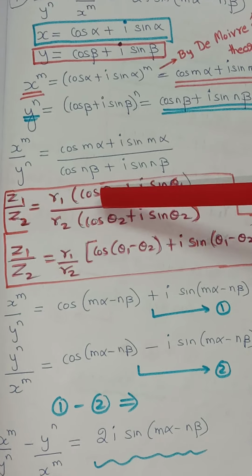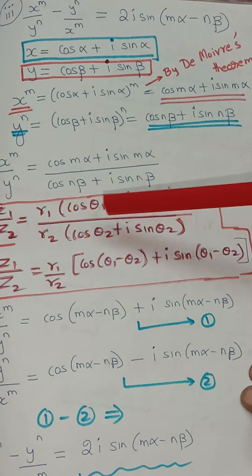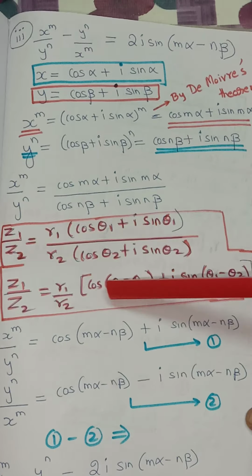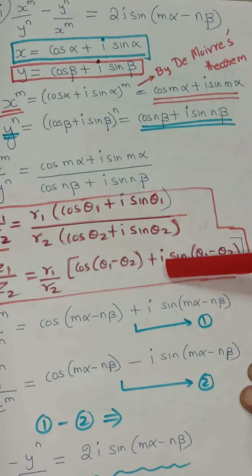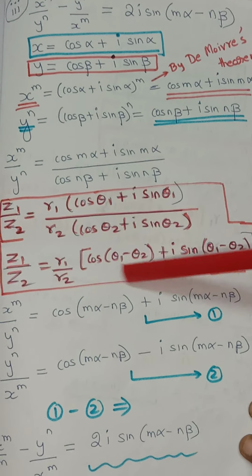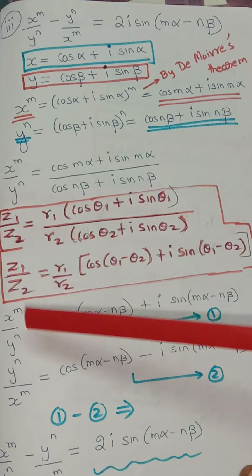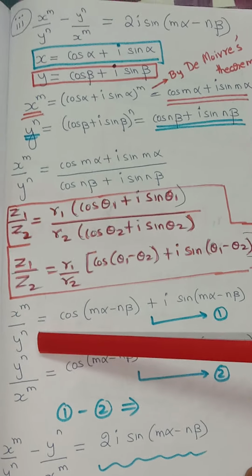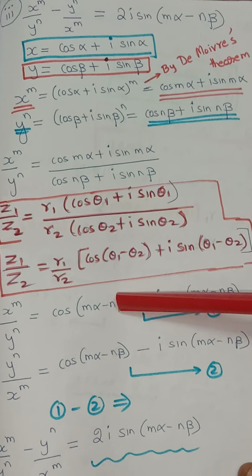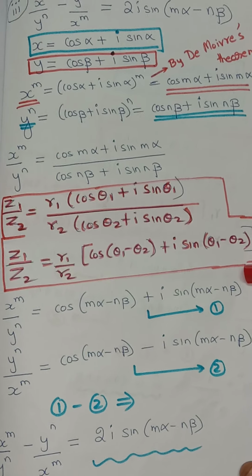What we have learned in the property, when the complex numbers are in polar form and it is division, I can write it as cos(theta 1 minus theta 2) + i sin(theta 1 minus theta 2). That is, we have to subtract the arguments. So using this property, I can write x^m / y^n equal to cos(m alpha minus n beta) + i sin(m alpha minus n beta).